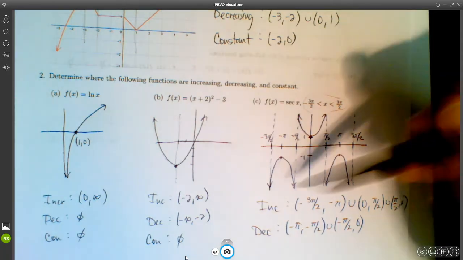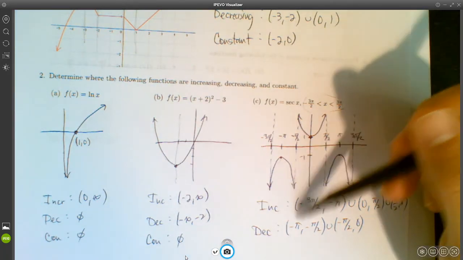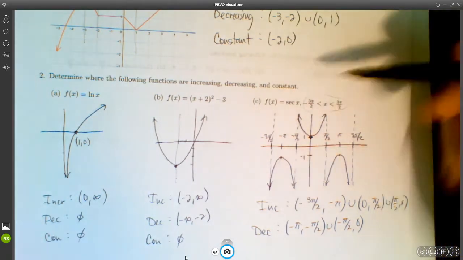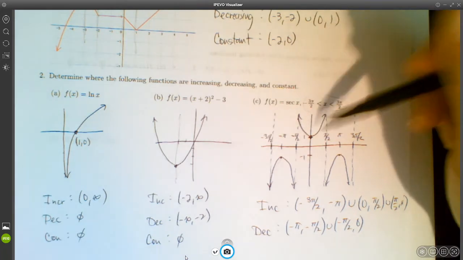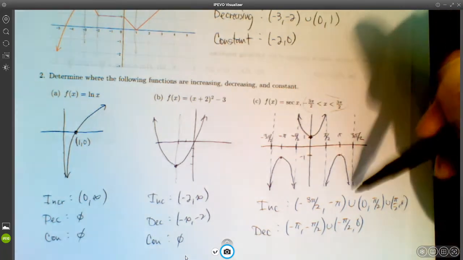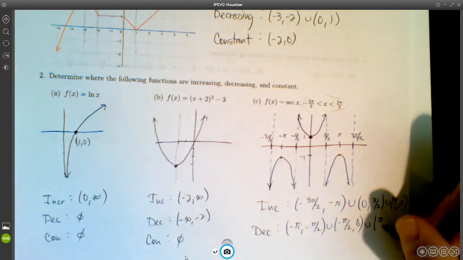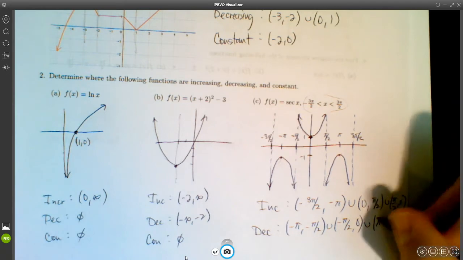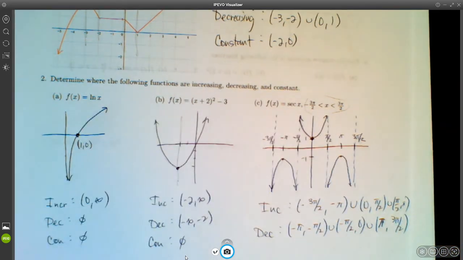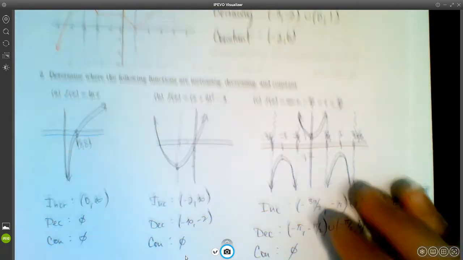Maybe you could say, well, it instantaneously increases from negative infinity to positive infinity. But no, we can't really say what's happening at negative pi over 2. But it's decreasing, decreasing, increasing, increasing, and then decreasing again from pi to 3 pi over 2. So there you go. And it's constant nowhere. So it's never constant.